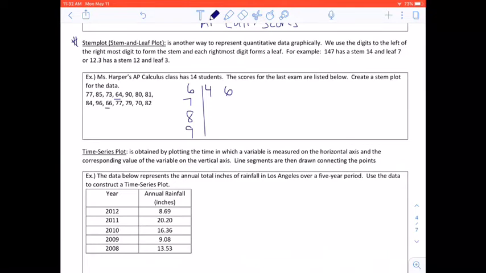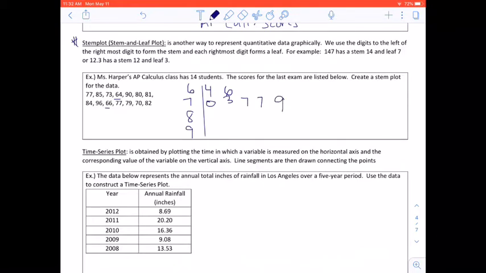If you go ahead and circle all the 70s that we have, a 77, 73, 77, 79, and a 70. I'm going to put these in order from smallest 70 value to the largest 70 value. So the first one we have is 70, then 73, then 76. We have a 77, 77, and then 79.